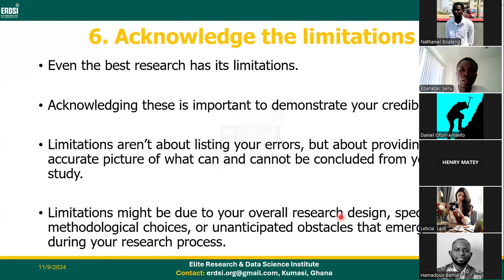Because sometimes we look at previous studies' limitations to do new research. So it becomes very easy for someone to look at your paper, look at the limitation, and use it to do new research to contribute to the statistics.